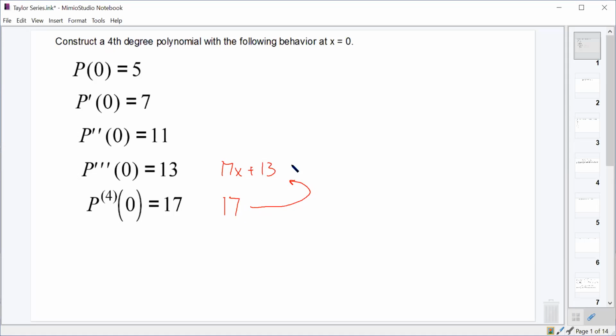And our second derivative should have been what? Just integrate that. 17 halves x squared plus 13x plus 11. Agree or no?